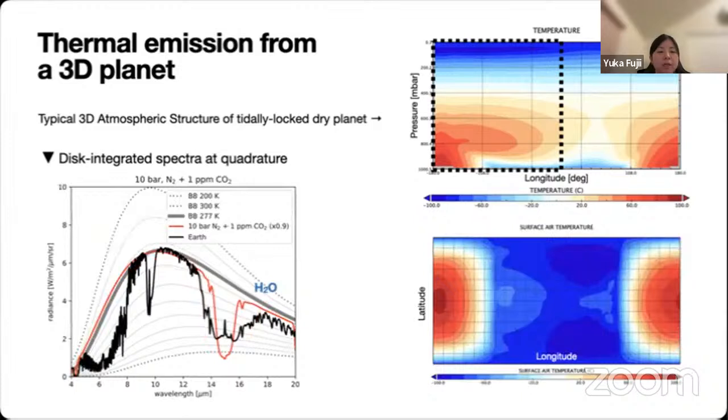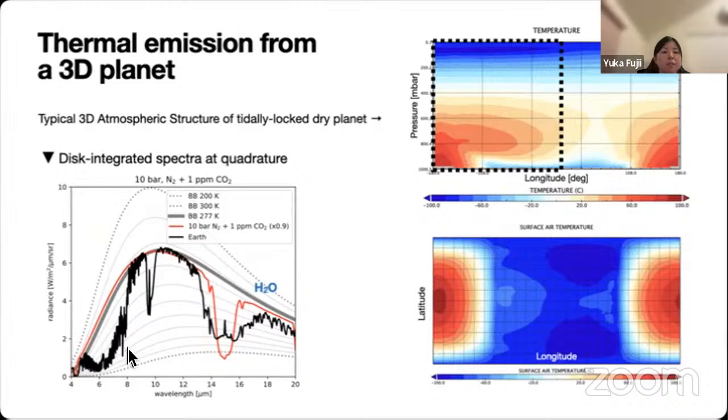And also, depending on the configuration, the overall spectral shape deviates from the black body emission for a given temperature because of the horizontal gradient.